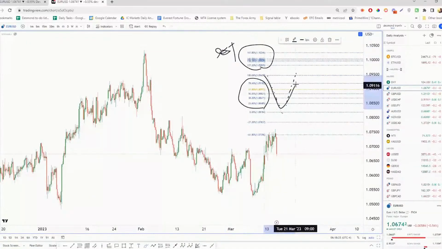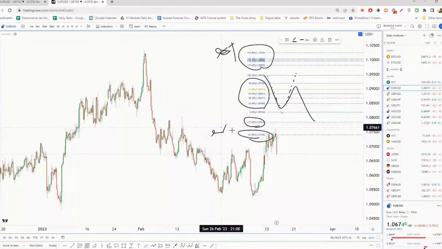And if it comes further down, this is what we call Fibonacci expansion. These are the three types of Fibonacci: the retracement, the extension, and the expansion. These three will unlock a lot of the key secrets of how you can call reversals.